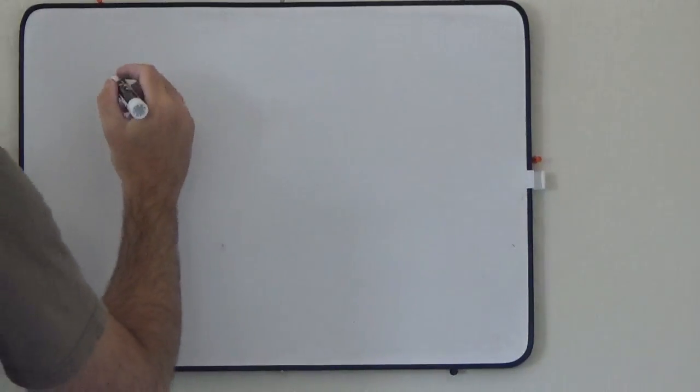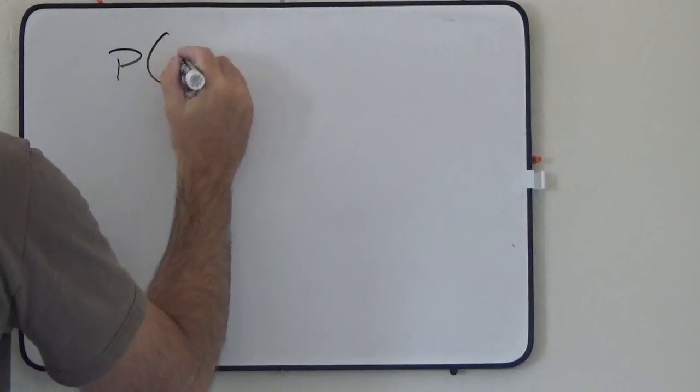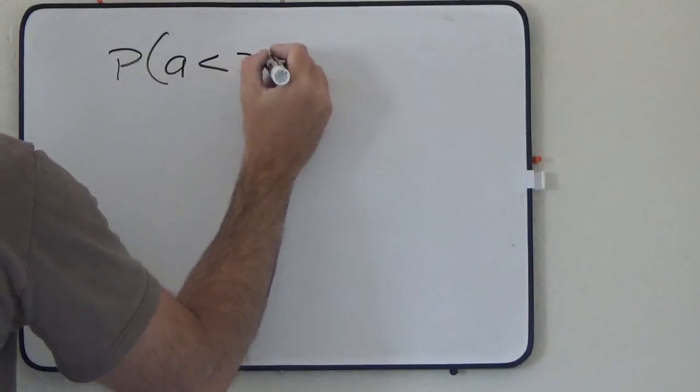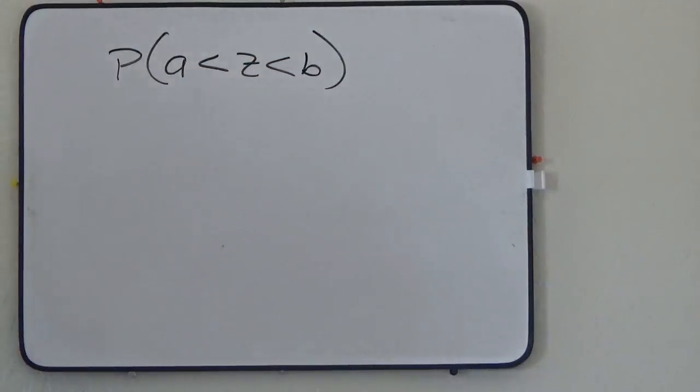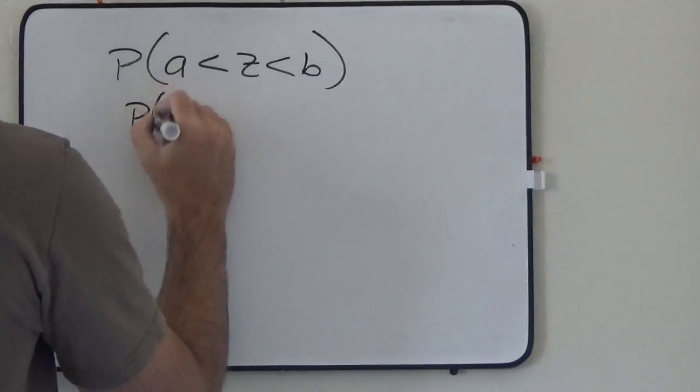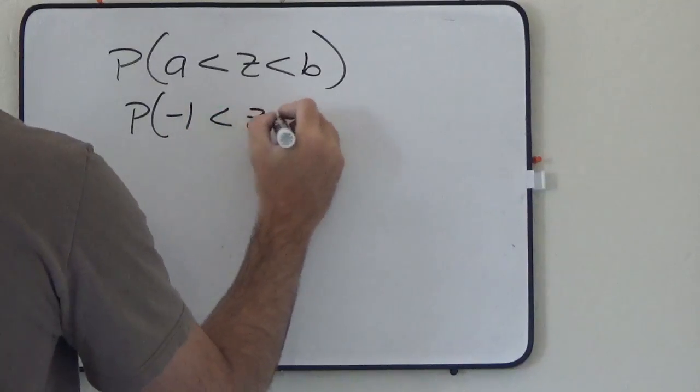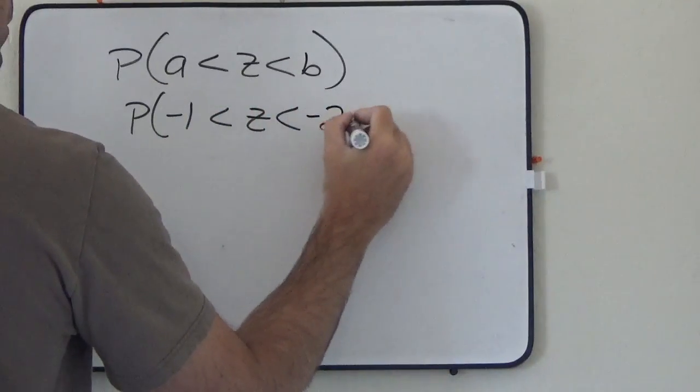If you see this, then that means we're looking for the z-score in between the values of A and B. That's exactly what we were just doing. That would be the probability of -1 and -2.5.